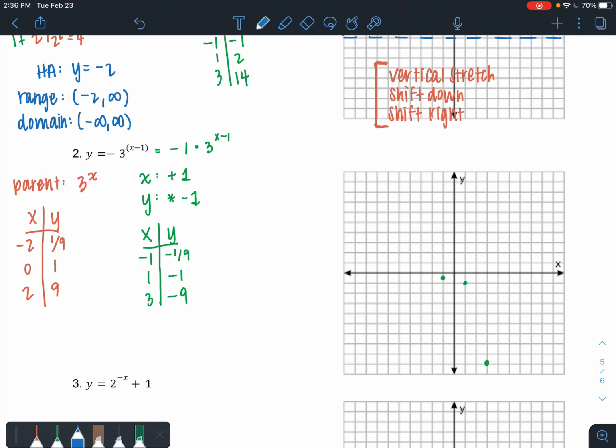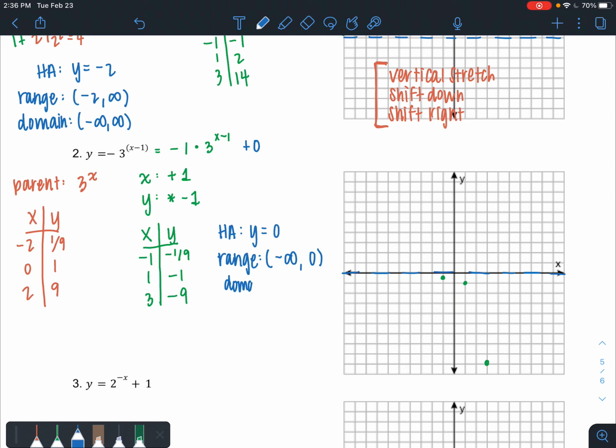And then I'm going to go ahead and write out our asymptotes here. So we have our horizontal asymptote at y equals 0, because we don't have anything over here. And then our range, because we have a negative value, is going to go from -infinity to 0.